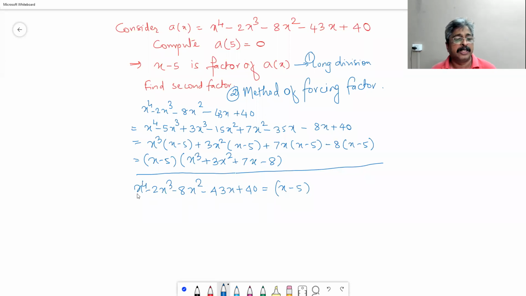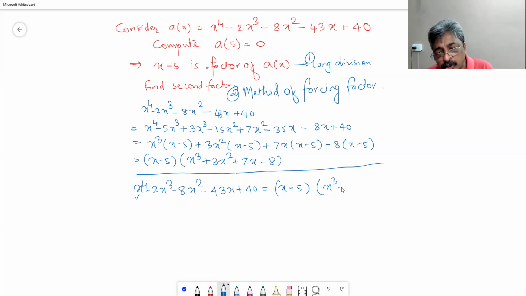Now we know the first term is degree 4 and the other factor is linear, therefore the first term is going to be x cube. If I write x cube here, I have generated x fourth, so my job for the first term is over. But in that process, I have generated minus 5x cube, but I wanted only minus 2x cube.